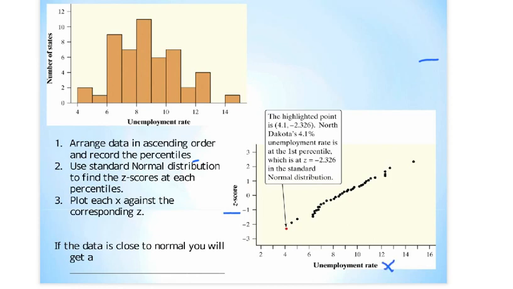So it takes a lot of time. We're going to look at this on the calculators in class. But what I want you to see is how we can use this. If the data is normal, or close to normal, we're going to get a straight line.